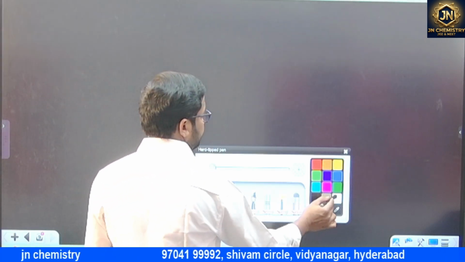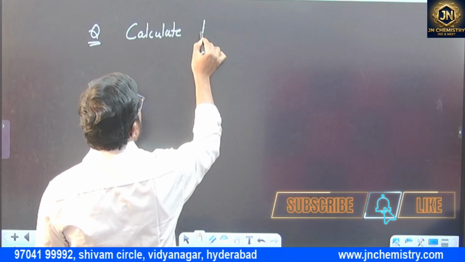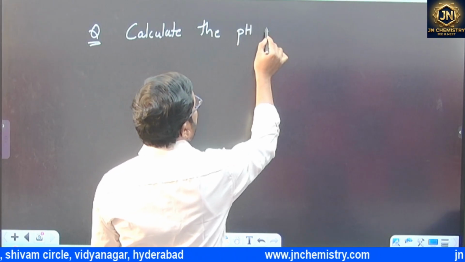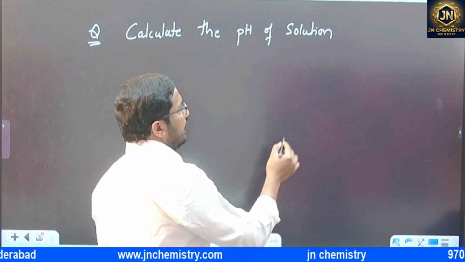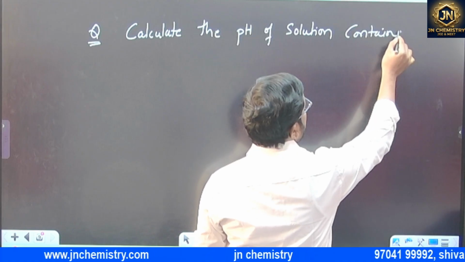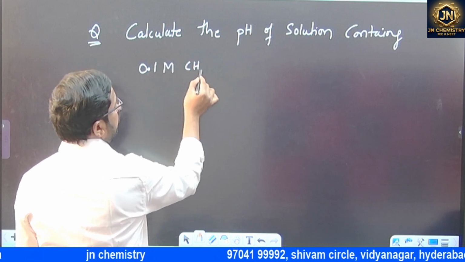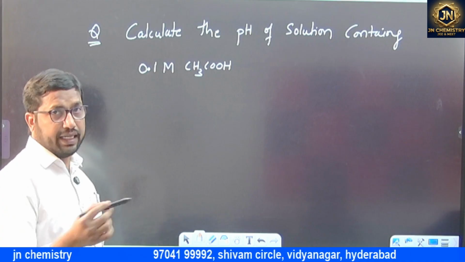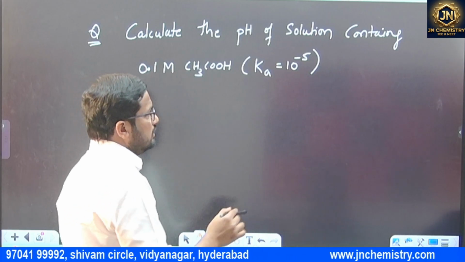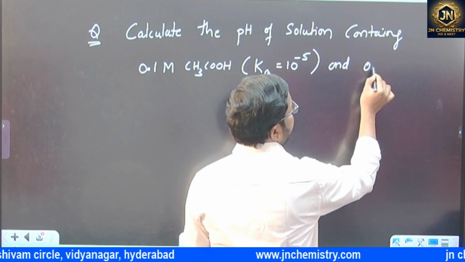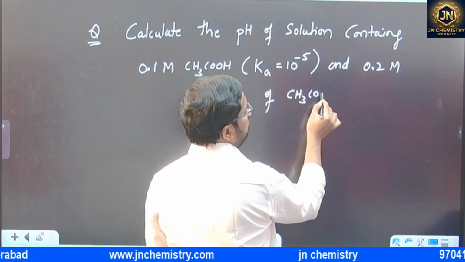Write a question. Calculate the pH of a solution containing 0.1 molar acetic acid, its Ka value equals 10 to the power of minus 5, and 0.2 molar of CH3COONa.